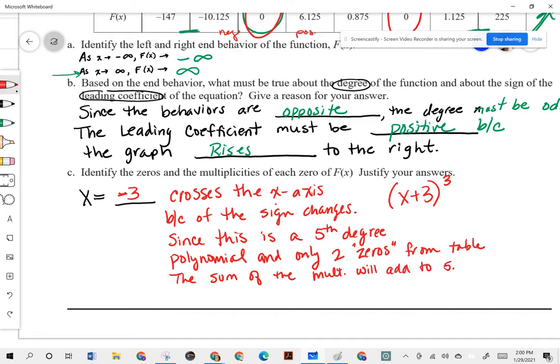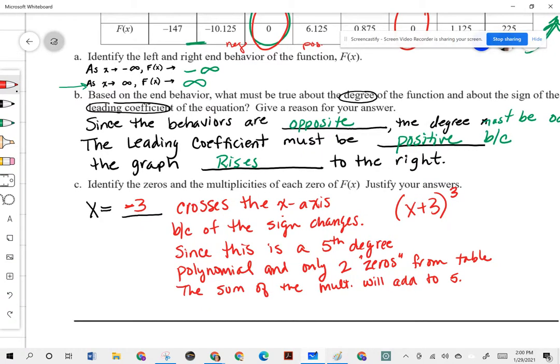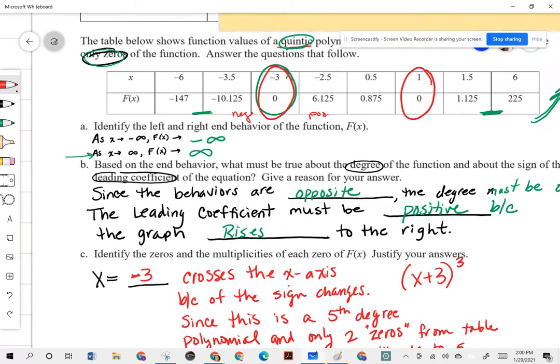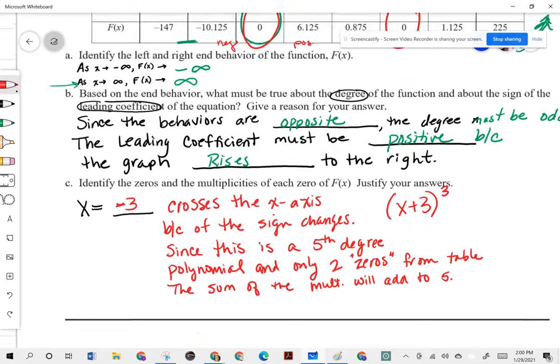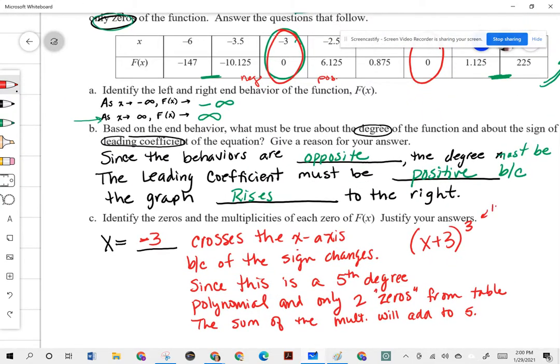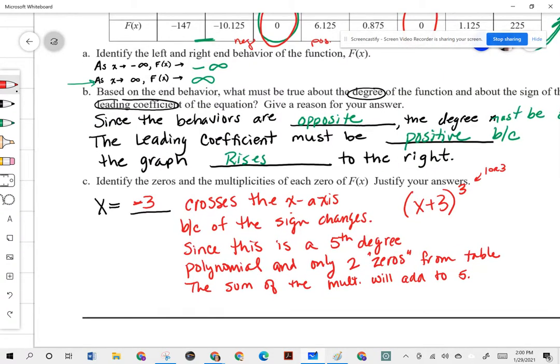Okay, so we know that this is 3. It's either a 1 or a 3. Okay, so I can put in here a 1 or a 3. But you'll see why it's a 3 in just a moment, because we've got to add up to 5.